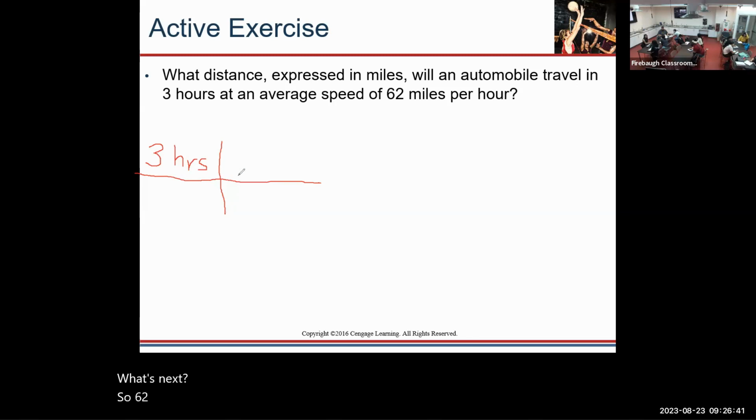So 62 miles on top. Then on bottom, 1 hour. So we get our answer: 186 miles.